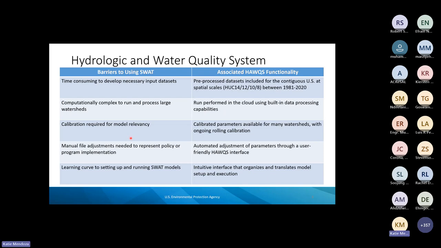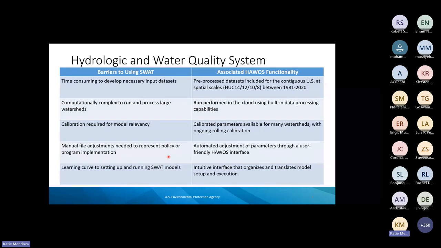When you're using a SWAT model, you want to make sure that it is a calibrated watershed for however you're going to use it. In HAWQS, we already have calibration parameters for many of the watersheds throughout the US, and there's continued ongoing rolling calibration, which I will discuss momentarily.